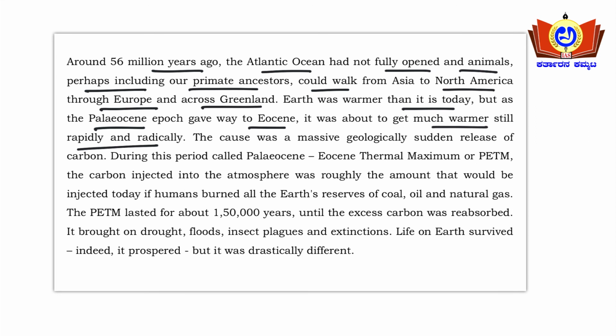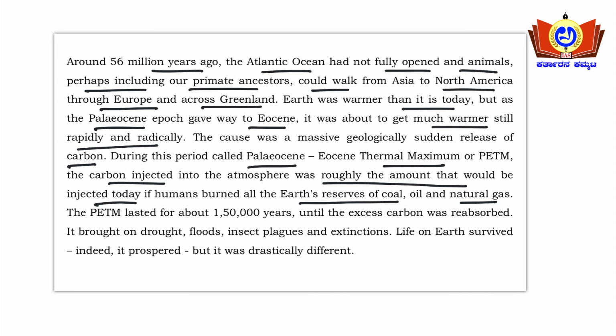The cause was a massive, sudden geological release of carbon. During this period called the Paleocene-Eocene Thermal Maximum, or PETM, the carbon injected into the atmosphere was roughly the amount that would be injected today if humans burned all the earth's reserves of coal, oil and natural gas.